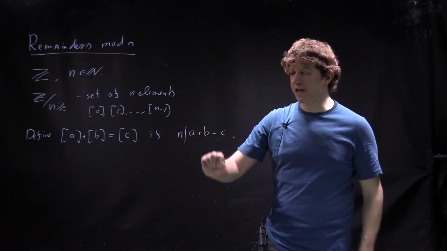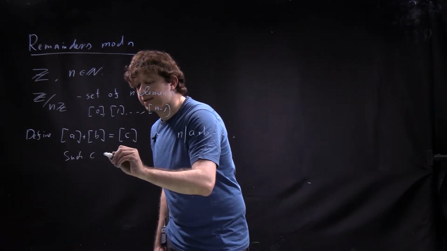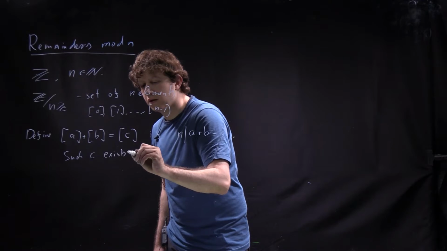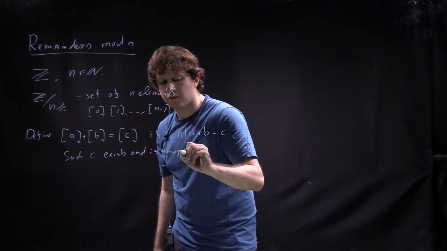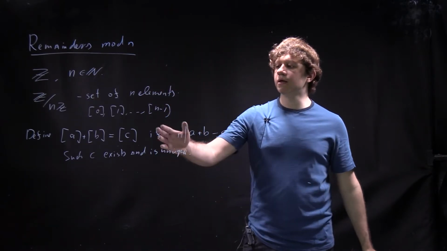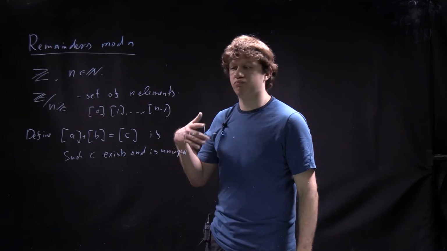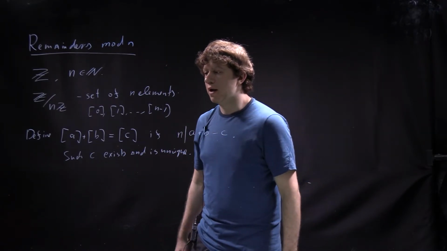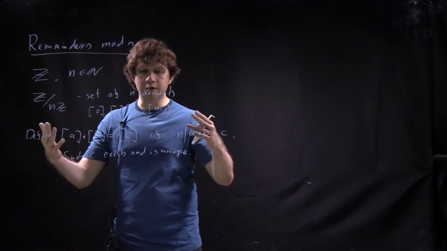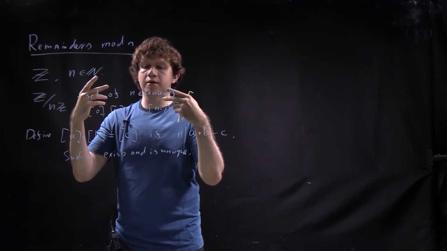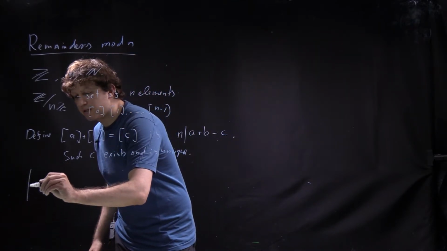So such c exists and is unique, and the reason is because there is a fundamental theorem, which is called the theorem about division with remainder. And the theorem says that for every element in the integer numbers, there exists a c, so let me maybe formulate it, and it is unique.